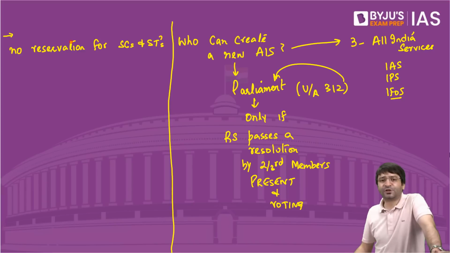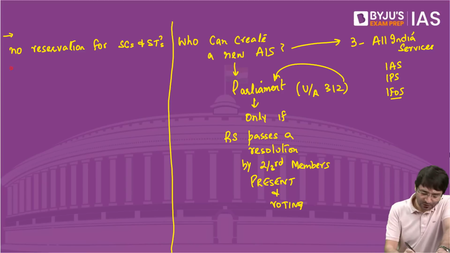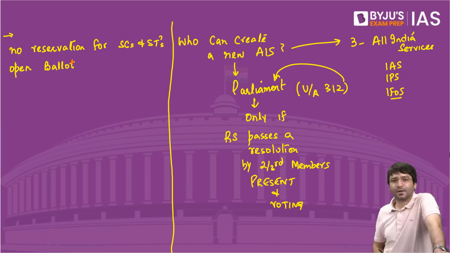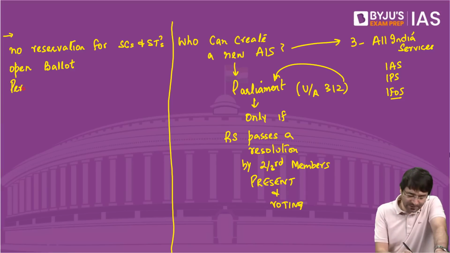There is reservation for SCs and STs, but in Rajya Sabha there is no reservation. Voting takes place through open ballot. We say Rajya Sabha is the permanent house of Parliament.